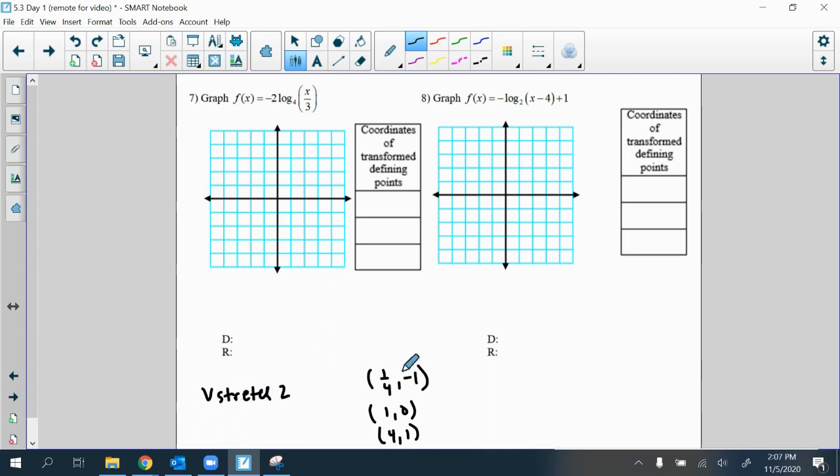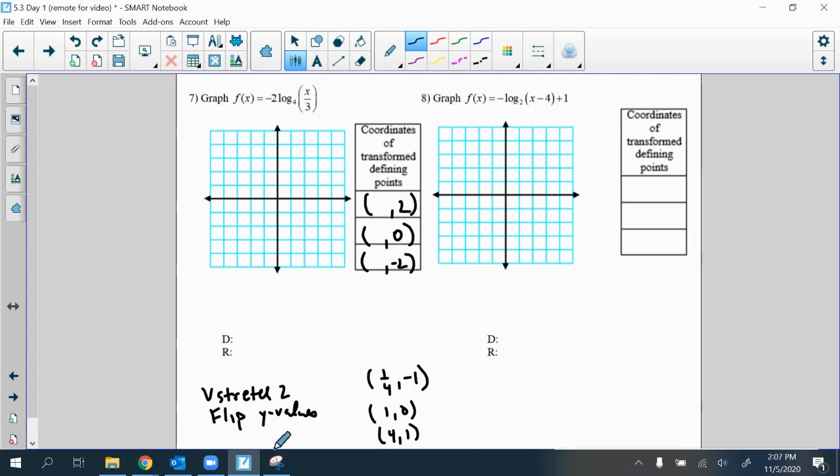So I multiply all my y values by 2, and I flip the signs of all my y values. So the first one would be -1 times -2, basically. So that becomes 2. 0 stays the same because 0 times -2 is still 0. And then 1 times -2 is -2.